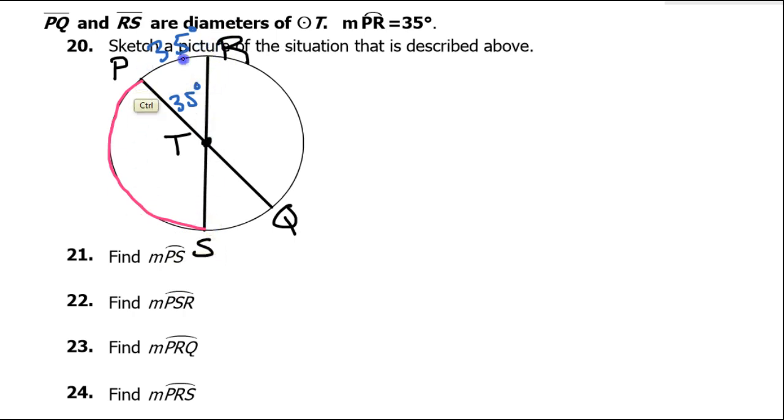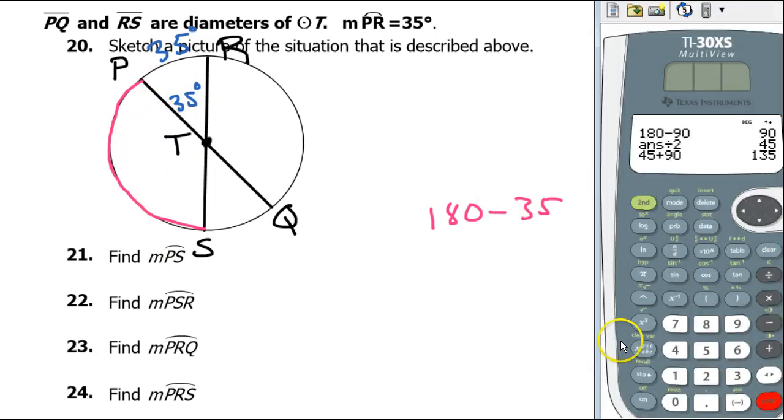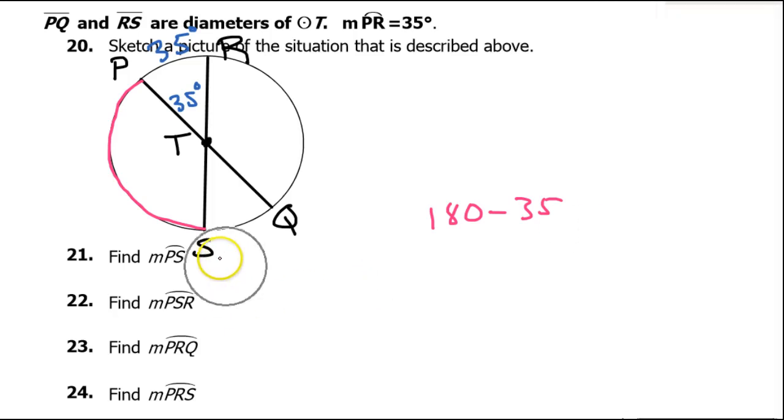So this is a semicircle, except take away the 35. All right, so if I just do 180 minus the 35, then that should leave me the rest. 145.